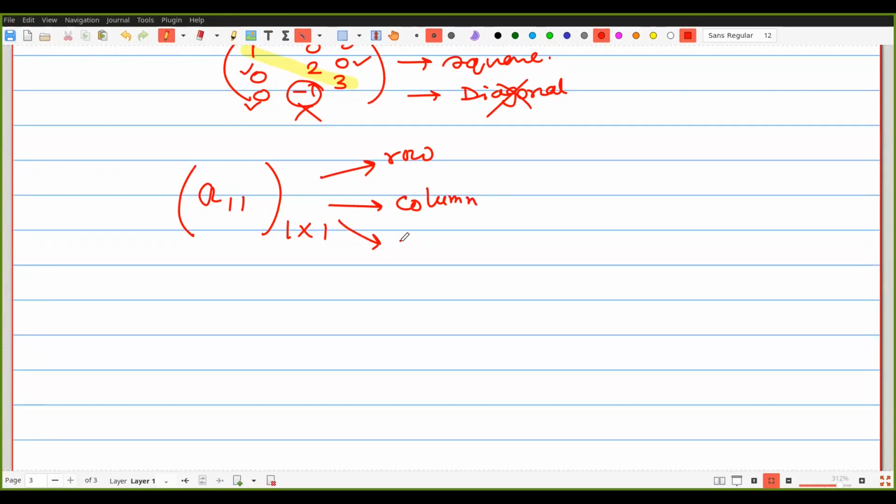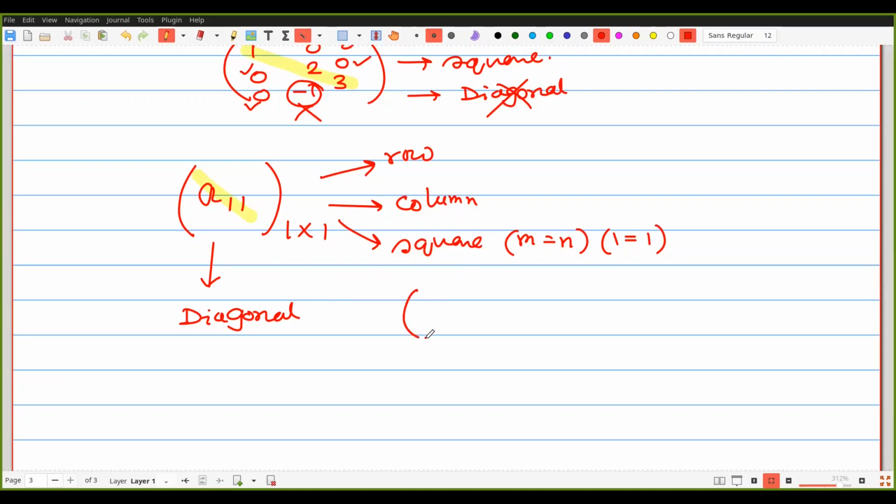That one is a square matrix as m is equal to n, or 1 is equal to 1. It also is a diagonal matrix because the diagonal element is the leading element only. It is also called a diagonal element because in the case of a diagonal matrix, all the off diagonals are equal to 0 or not present.